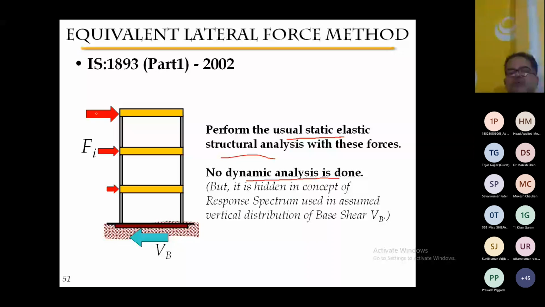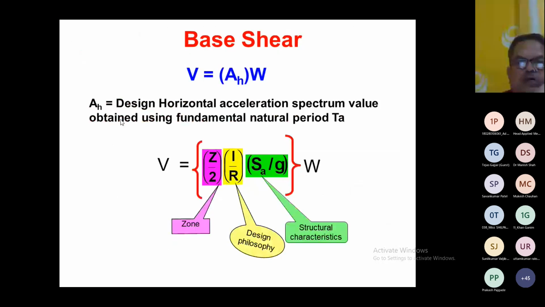The response spectrum is involved here, and it is basically the first mode which is considered. So this is the equivalent lateral force method, or static coefficient method, right?